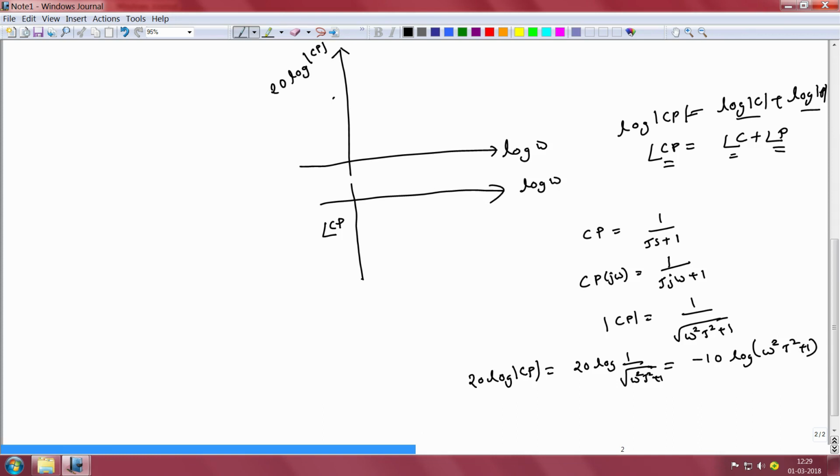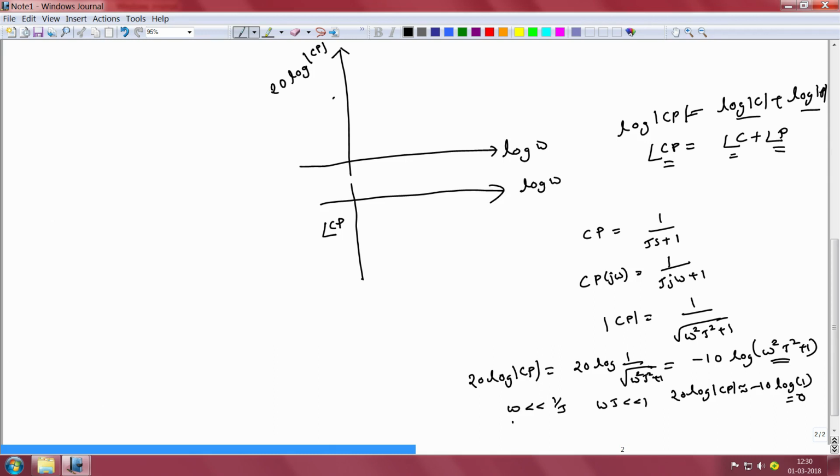Now we note that in this expression, when omega is much less than 1 by tau, we would have omega times tau to be much less than 1, in which case 20 log magnitude of Cp would be approximately equal to minus 10 times log of 1, and that would be equal to 0.